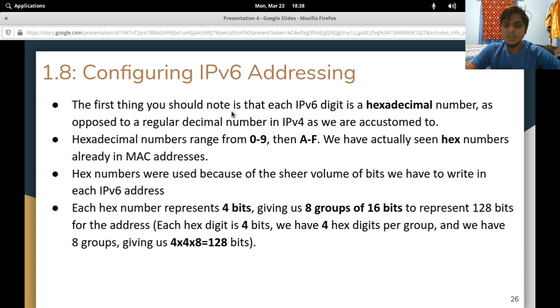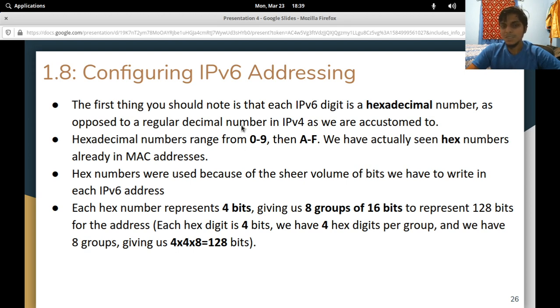The first thing you should note is that each IPv6 digit is a hexadecimal number, as opposed to the regular decimal number in IPv4 that we are accustomed to. The big advantage of IPv4 was that we use the same decimal numbers that we use in real life, 0 to 9.